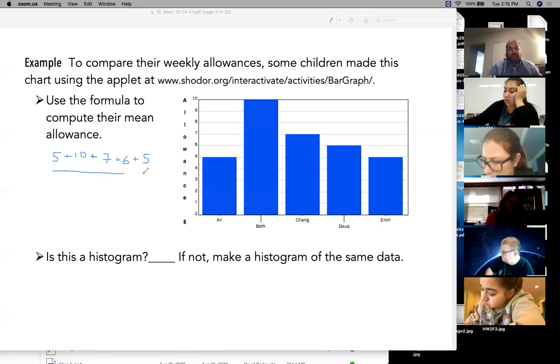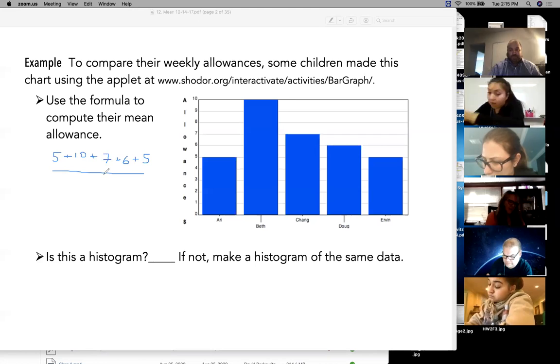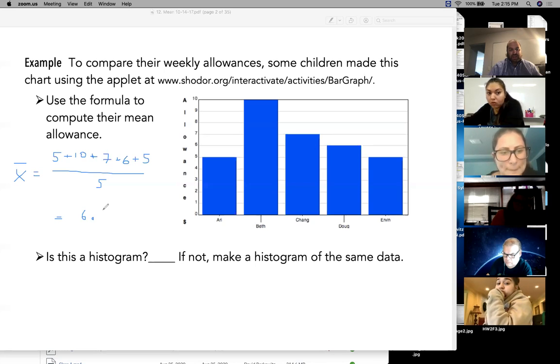And then we divide by how many? 5. This is X bar, by the way. So 5 and 10 is 15, and 7 is 22, and 6 is 28, and 5 is 33. 33 over 5 is 6.6, $6.60 on average.